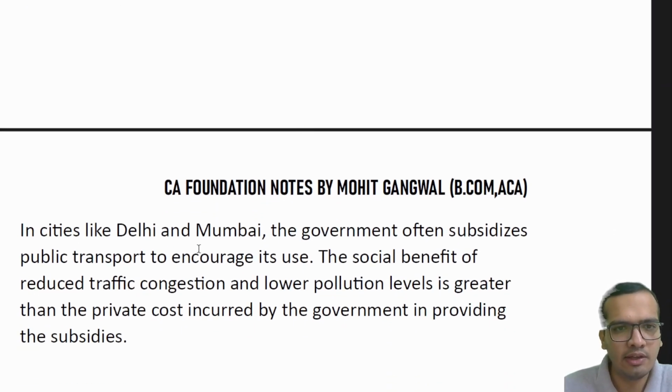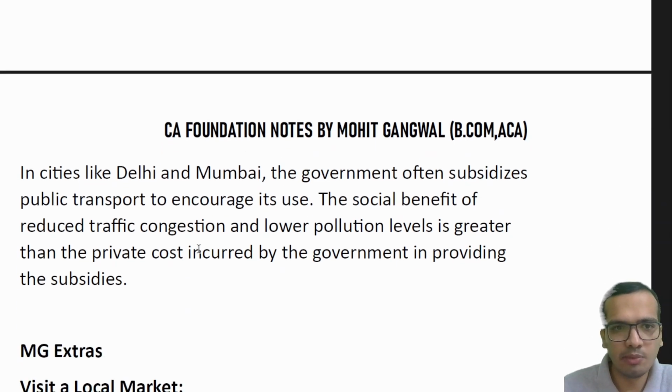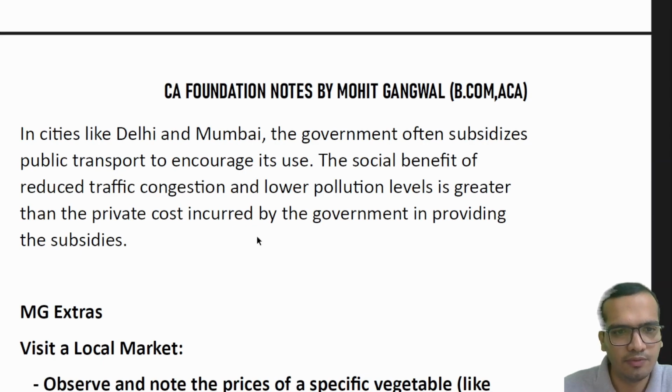In cities like Delhi and Mumbai, the government often subsidizes public transport to encourage its use. The social benefit of reduced traffic congestion and lower pollution levels is greater than the private cost incurred by the government in providing subsidies. So here the cost is not seen, but the greater impact is looked for.